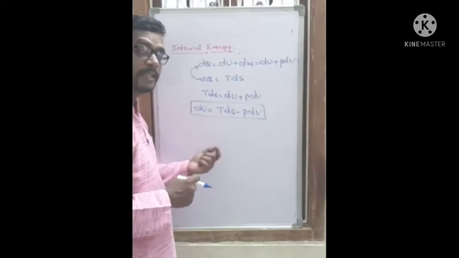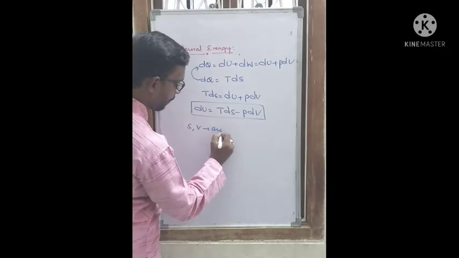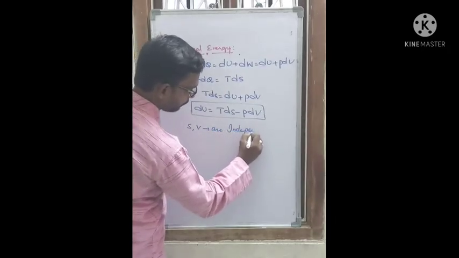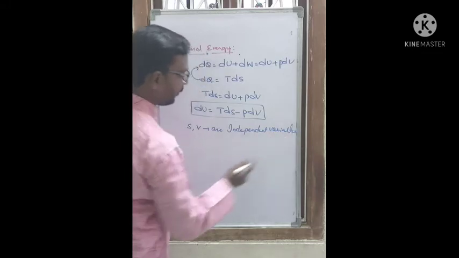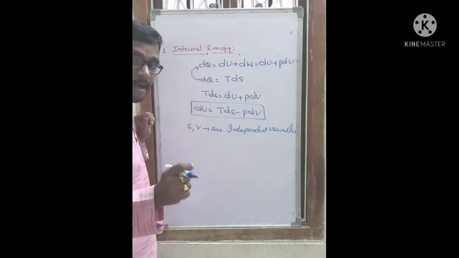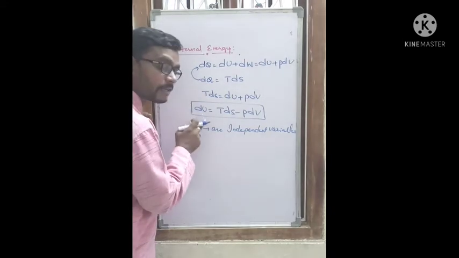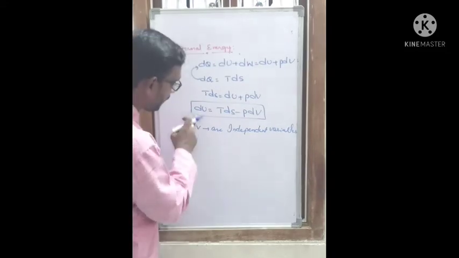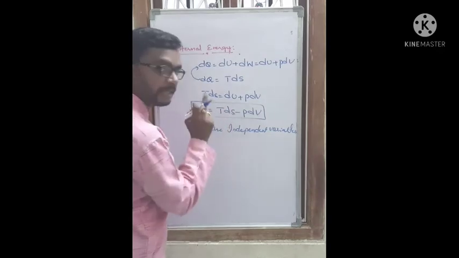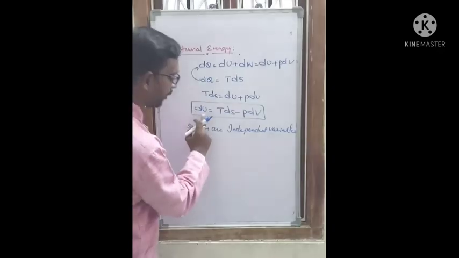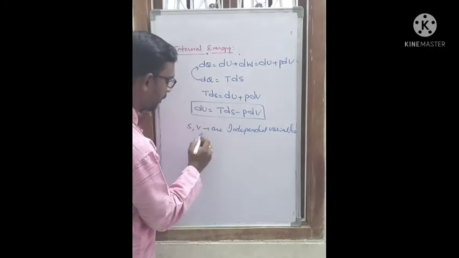With the help of this equation, see carefully, where S and V are independent variables. Okay, independent variables. Let us take partial differentials of internal energy, that is U, with respect to S and V. Okay, so then what happened here? Partial differentiation of internal energy with respect to S, so what do we get there?